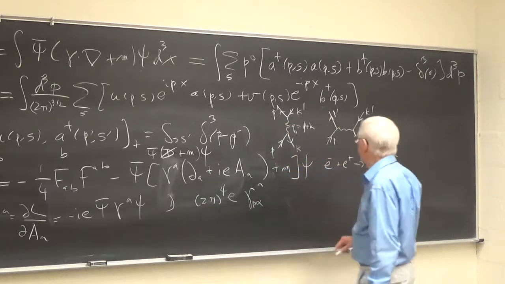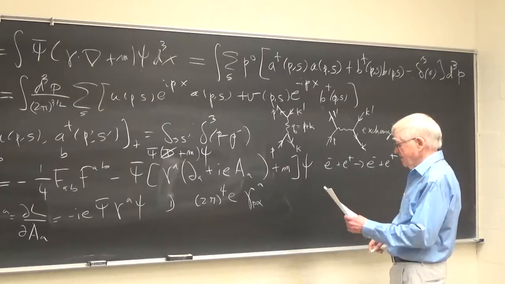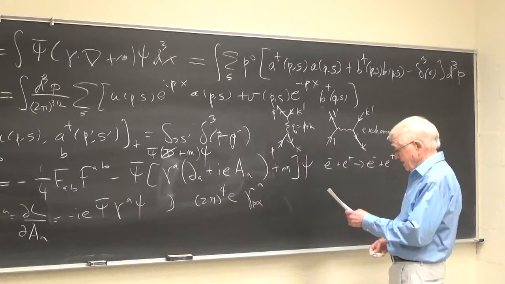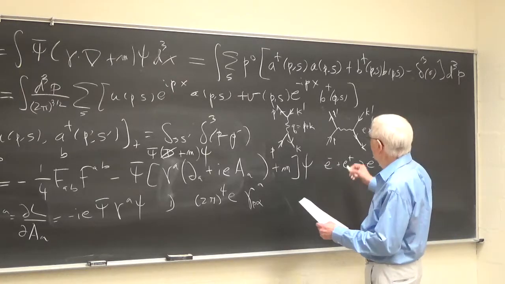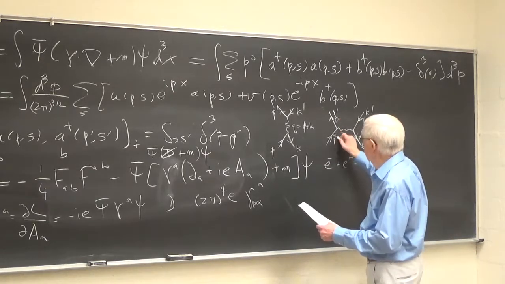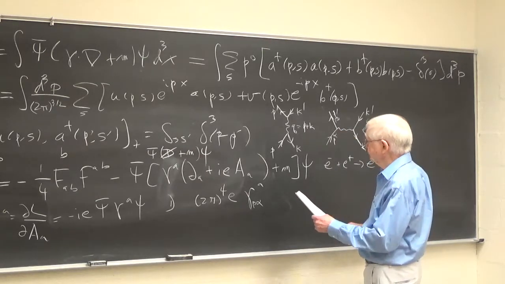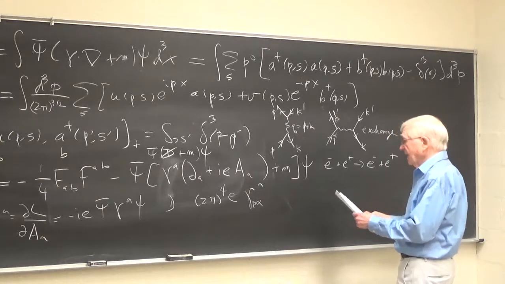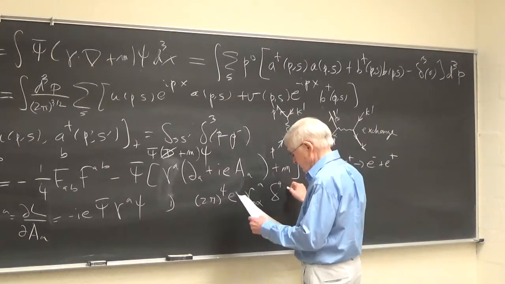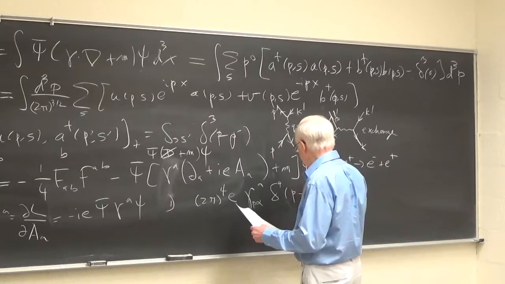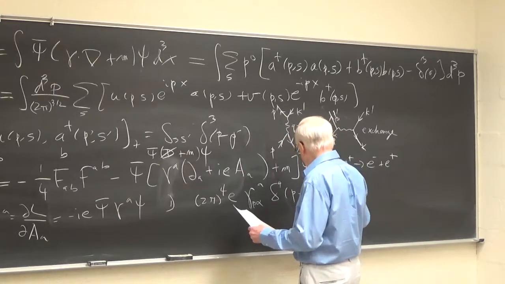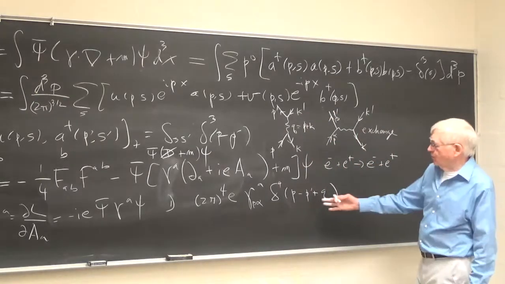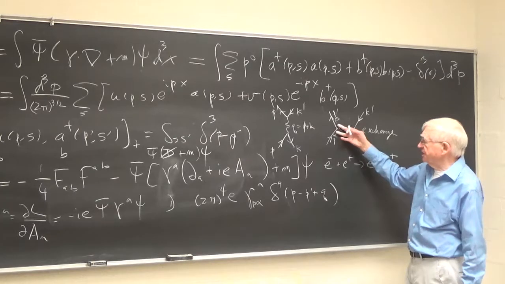So this is a gamma matrix, and you have beta alpha, and for example, here it would be beta and alpha, like that. And then you put in a delta function of P minus P prime plus Q. So that's for this particular vertex.